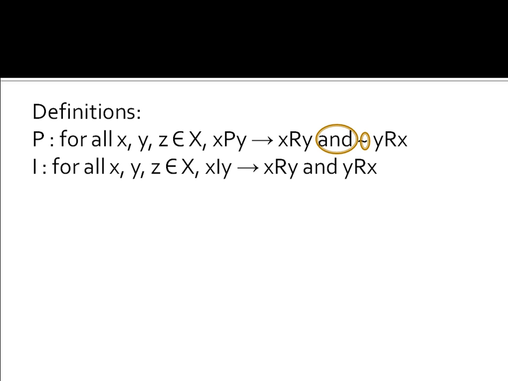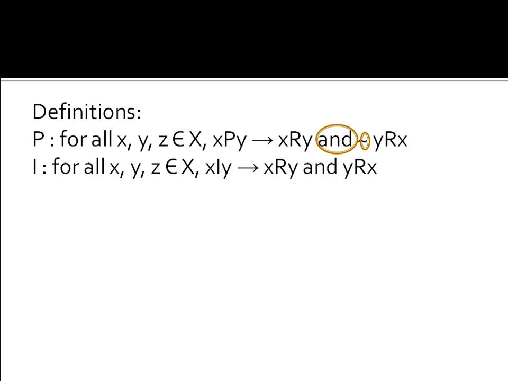You could have gone through the definitions easily with just two consumption bundles, x and y. If you are saying that x is indifferent to y, then it means xRy and yRx.